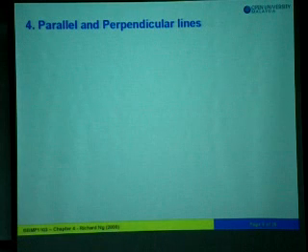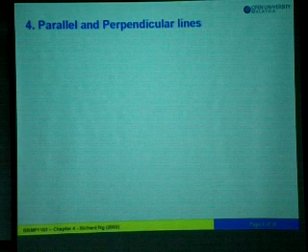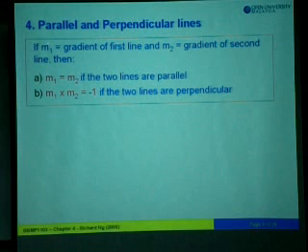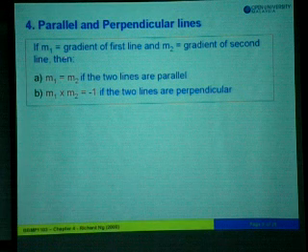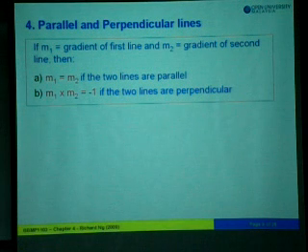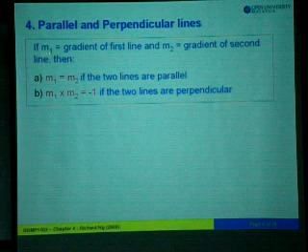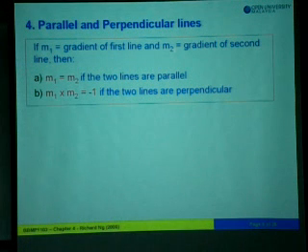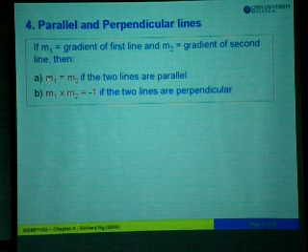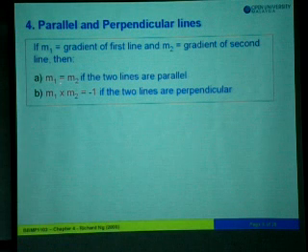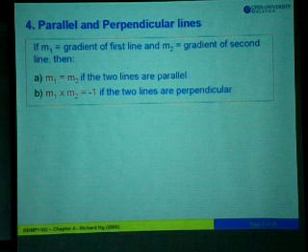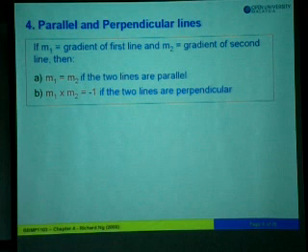Okay, let's continue with the next topic, parallel and perpendicular lines. If two lines have gradients represented by m1 and m2, then m1 will be equal to m2 if the two lines are parallel.